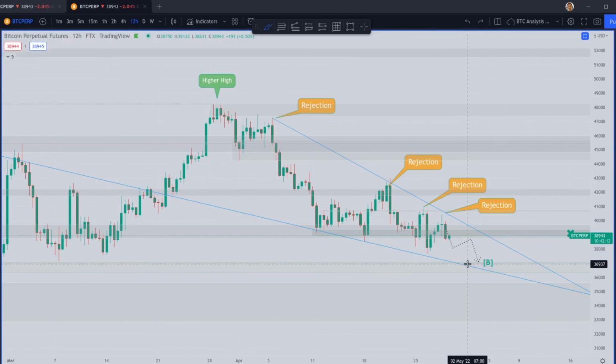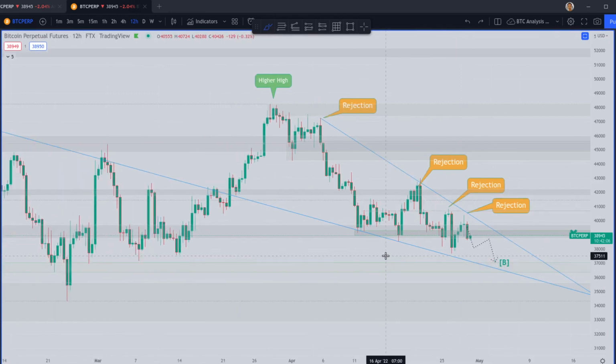Let's see what is going to play out next week. And today, take it easy, look at the market, look at the S&P 500 stock market, see the market in general, and wait for the squeeze to pass before coming back to trade again.